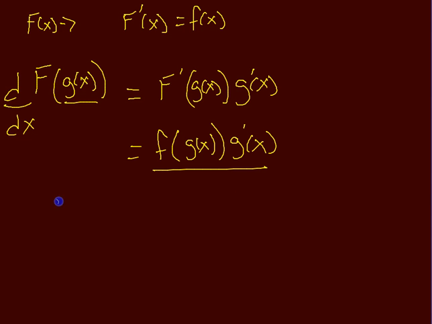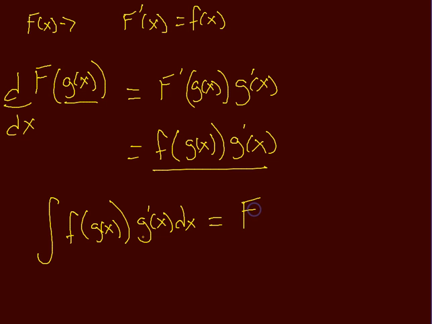If we have the integral of some composite function, but we have the derivative of the inner function hanging outside with our differential, well, we know that's simply going to equal the antiderivative of this outer function of our inner function. And so that gives us a capability of integrating these products of functions if they align to a certain situation.